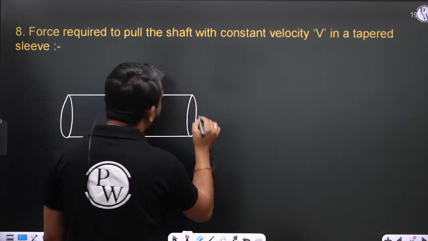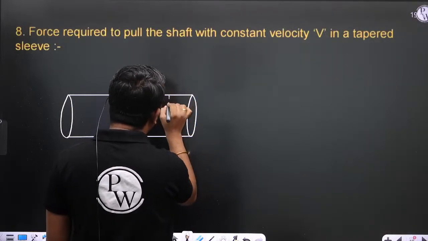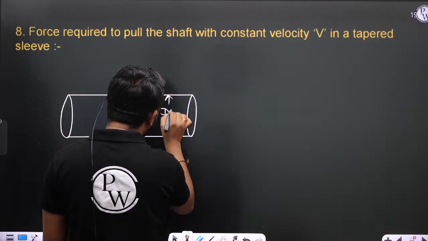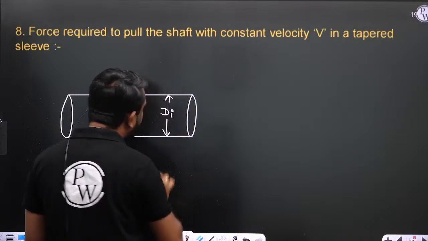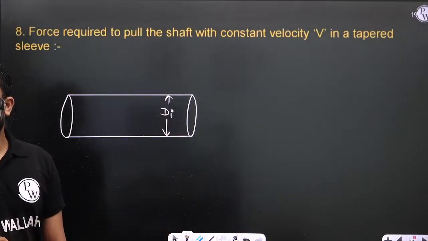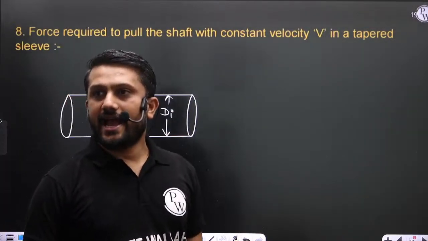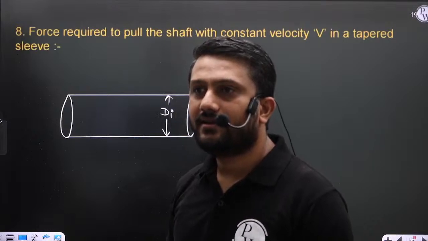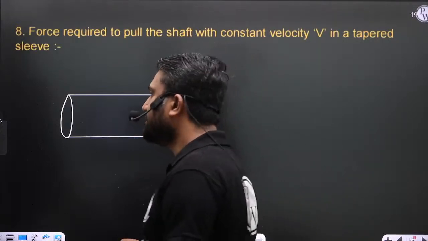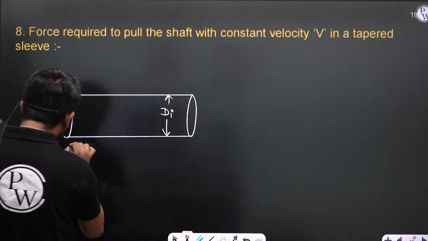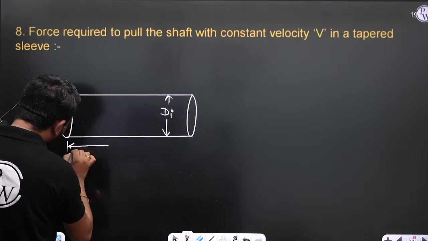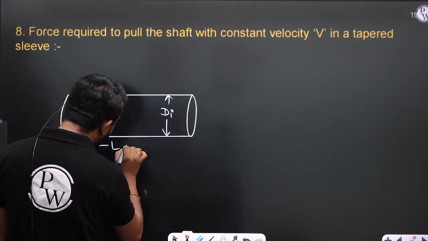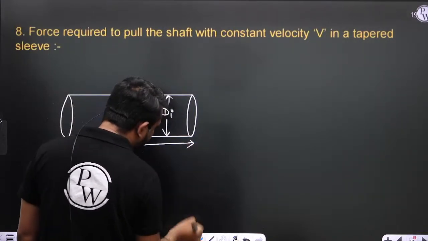So this is the shaft, and this shaft has diameter, let us consider that is di. And what is the length? The length of this shaft, let us consider that is L.